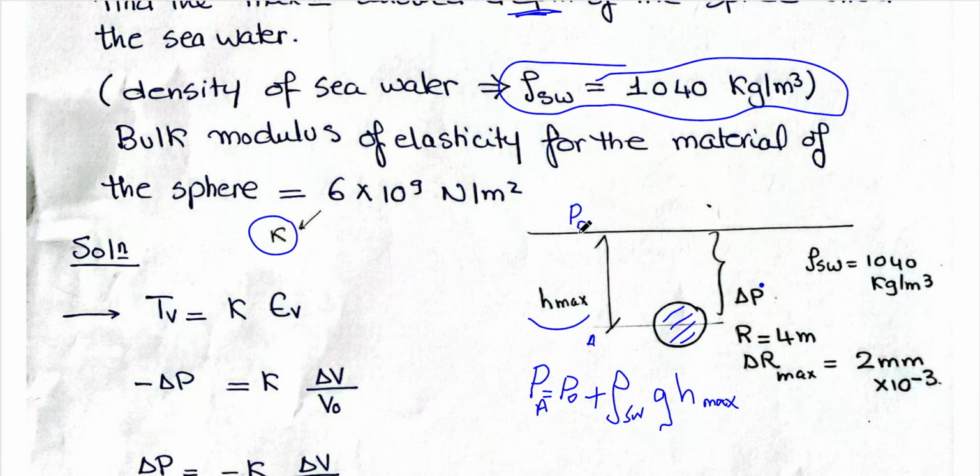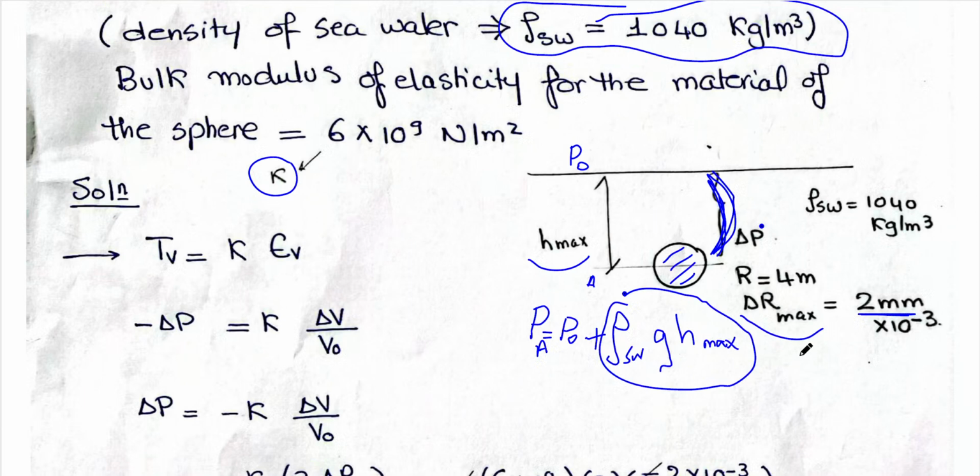But what will affect the sphere? The increase in pressure, delta P. That's why I will use delta P equals rho water g H max. This will be the pressure applied on the sphere, which will decrease its radius by 2 millimeters maximum.